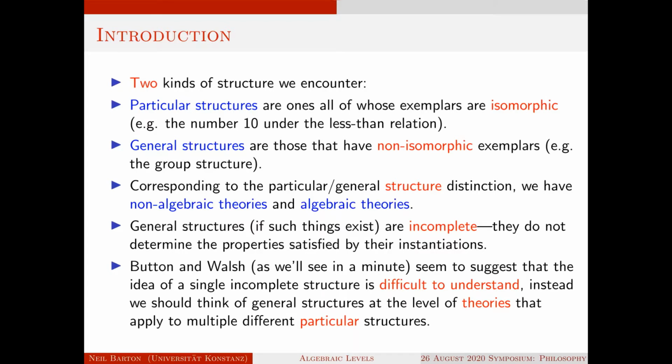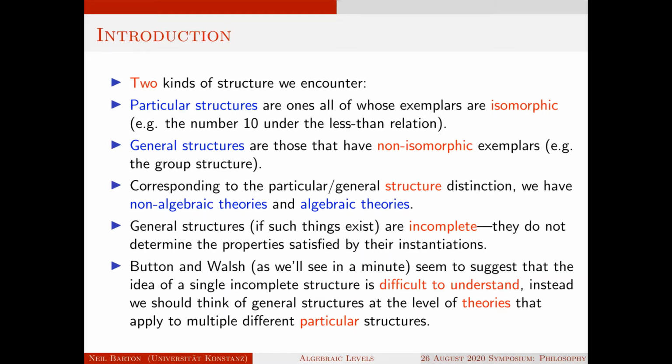So just to set up some nomenclature, there are two kinds of structures we often encounter in the philosophical literature at any rate. One is the idea of a particular structure. These are structures whose exemplars are all isomorphic. A good example here is the natural numbers under the less than relation.